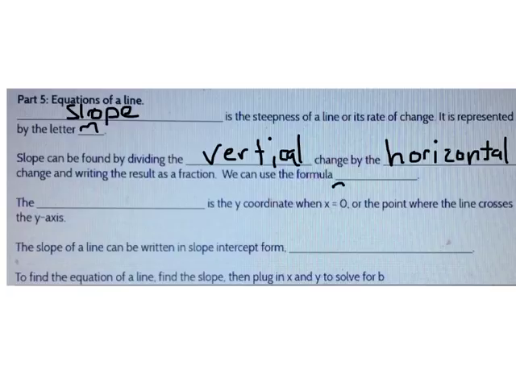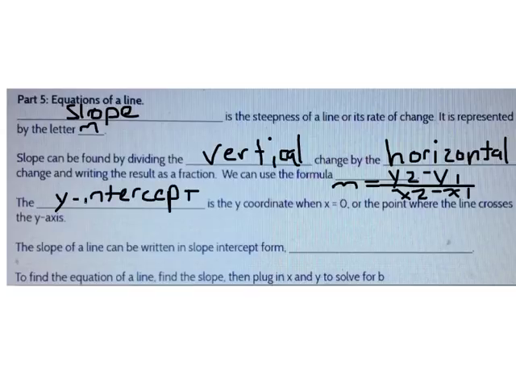We can also use the formula m equals y2 minus y1 over x2 minus x1. The y-intercept is the coordinate when x equals 0, or the point where the line crosses the y-axis.